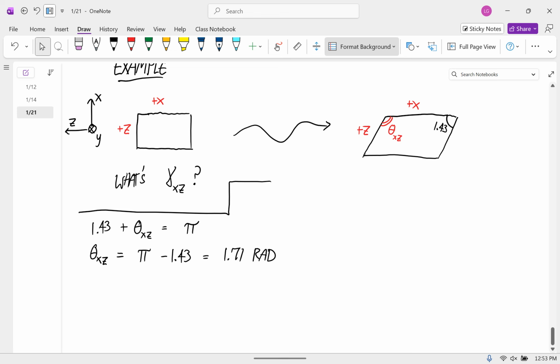Okay. So the shear strain between the x and z faces is pi over 2 minus 1.71, which is negative 0.28.